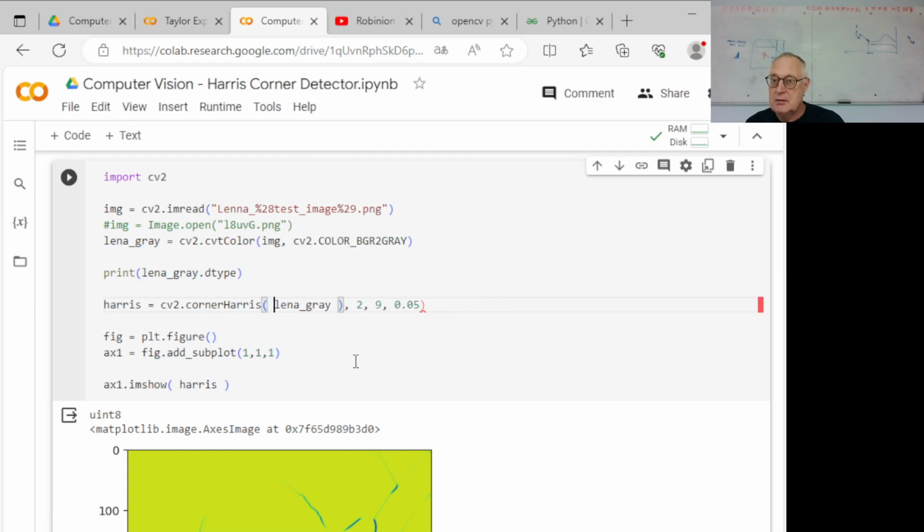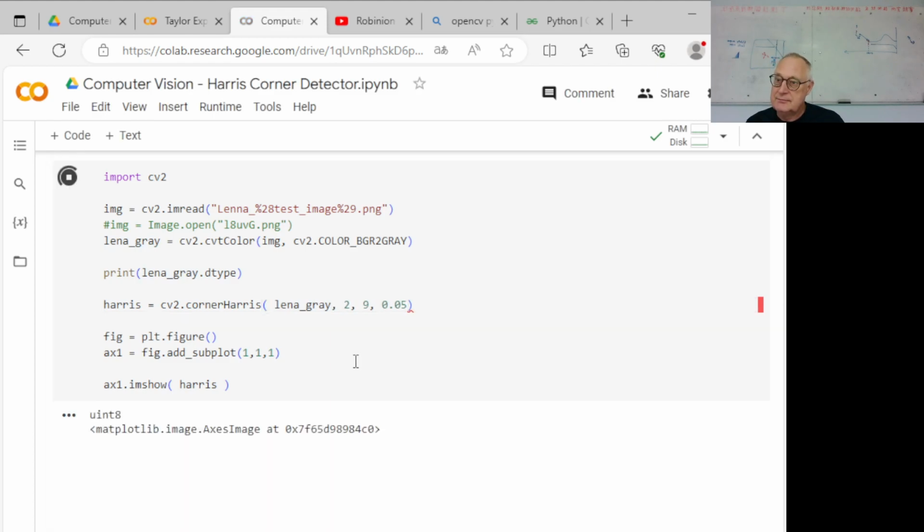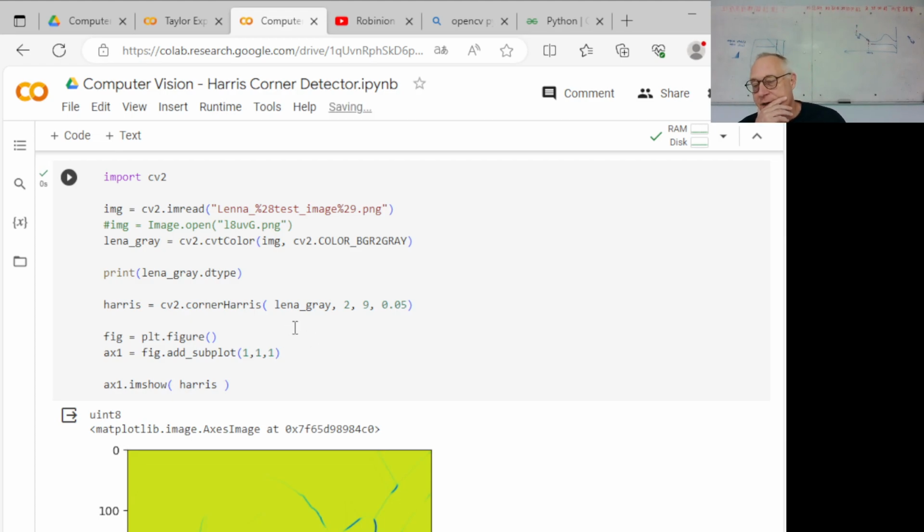Yeah, that should be UINT 8 now, so that should work. Okay. So that should make it a little bit faster.